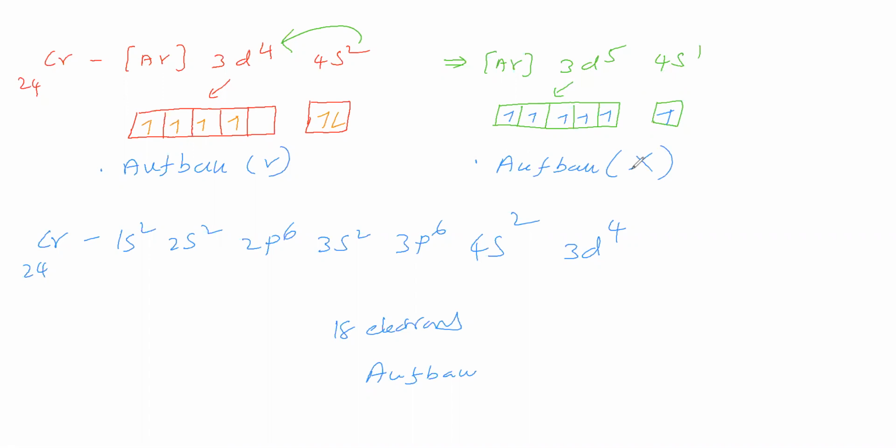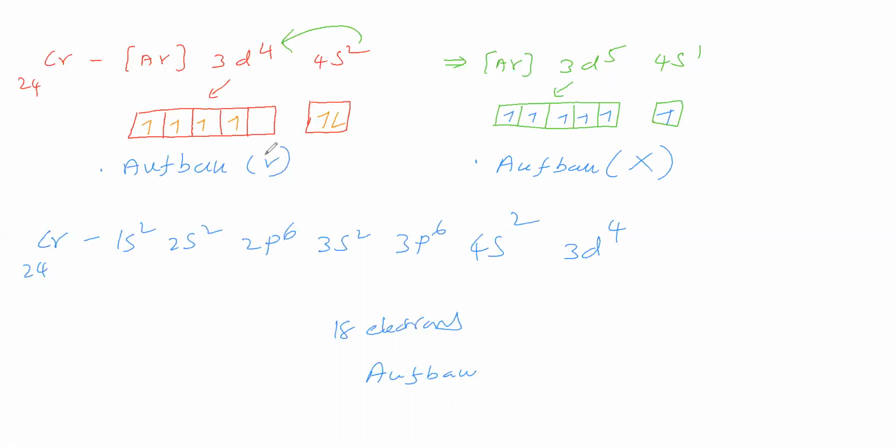Because Aufbau says that the lower energy orbital should be filled completely, then only should electrons go to the higher energy orbital. The lower energy orbital is 4s. 4s should be filled, then only should electrons go to 3d. But in this one, 4s is not completely filled. Without completing 4s, electrons went to 3d. Therefore, in this electronic configuration, the Aufbau principle is violated.